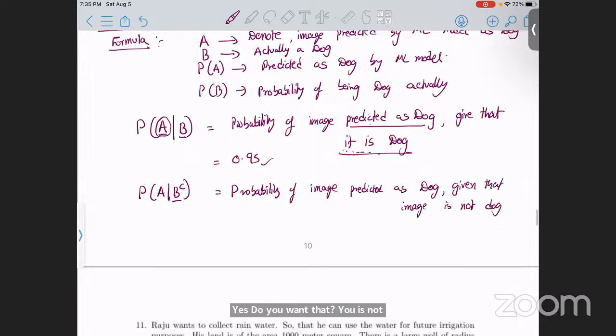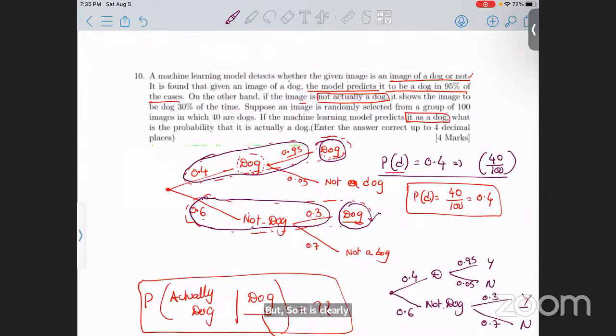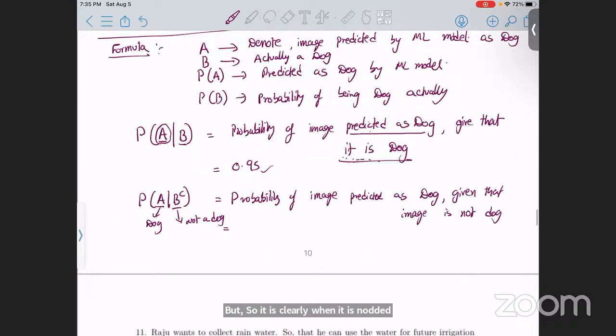So B complement is not a dog, but our ML model predicted it as a dog. So it is clearly, when it is not a dog, 30% of the time, 0.3. Agree?